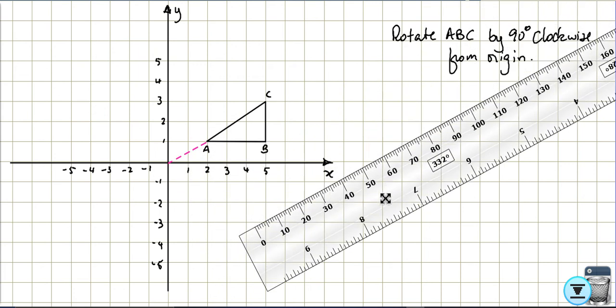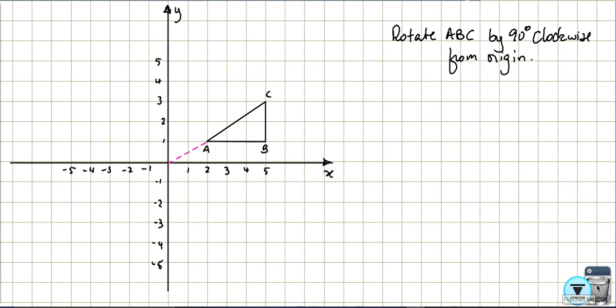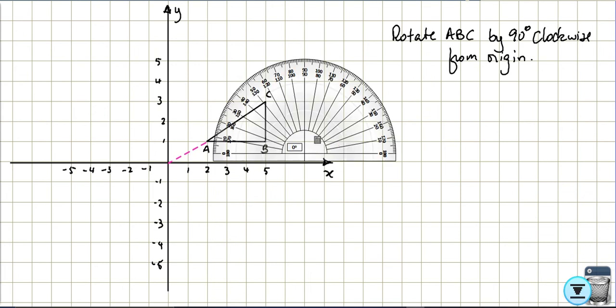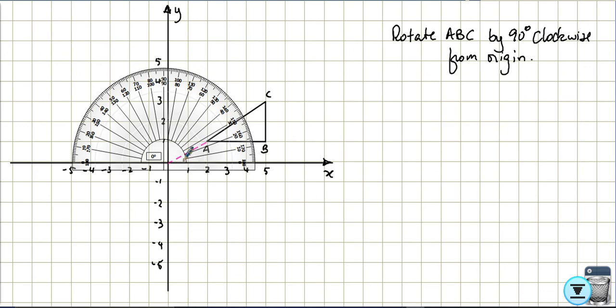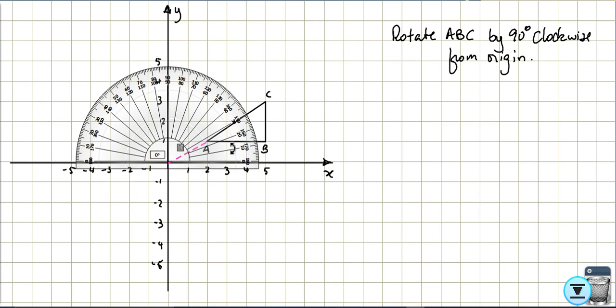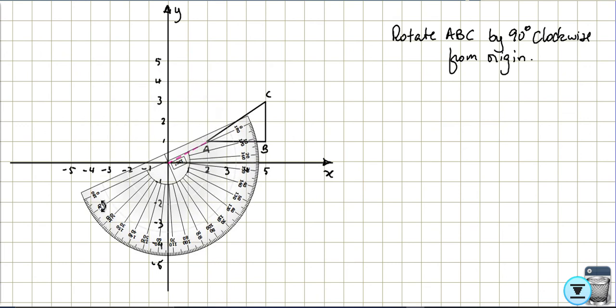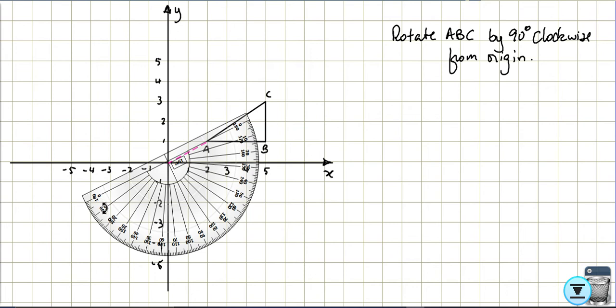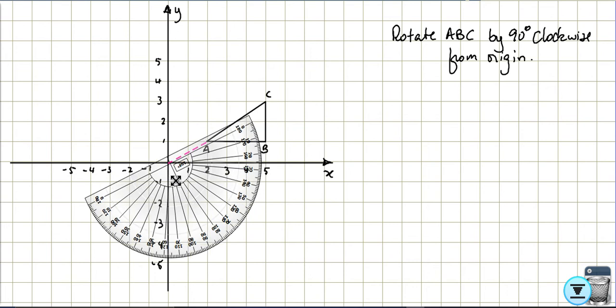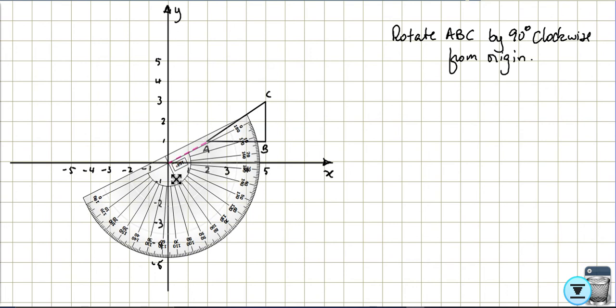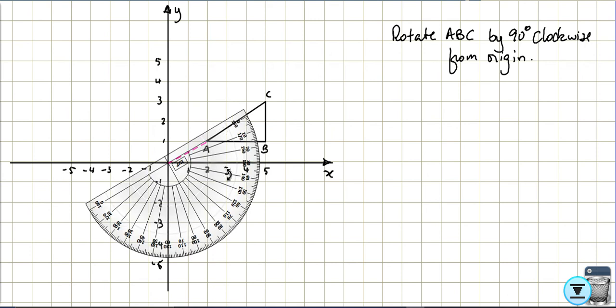As you have seen, I've got that line. Now I need my protractor. I'm going to center the protractor, and I'm going to turn it until the 0 angle lies on A. Alright, so slide. Okay, and that lies on A.